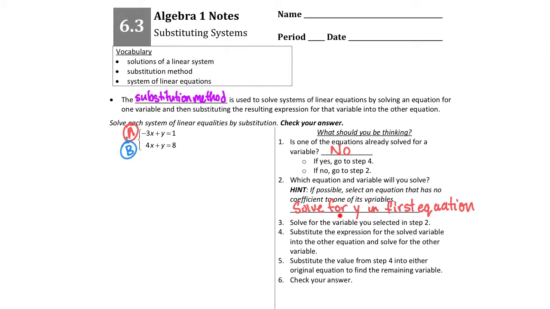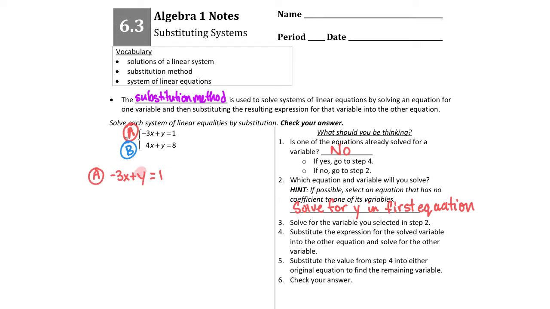I went ahead and wrote down my plan. So I'm going to solve for y in the first equation. I've also gone ahead and labeled my 2 equations, the first one A and the second one B. This really does help keep you organized. I'd strongly suggest doing that as you're writing out your work. So I'm going to write an A here to show that I'm using equation A, and I'm going to solve for y.